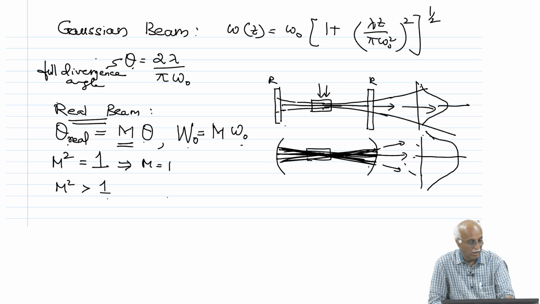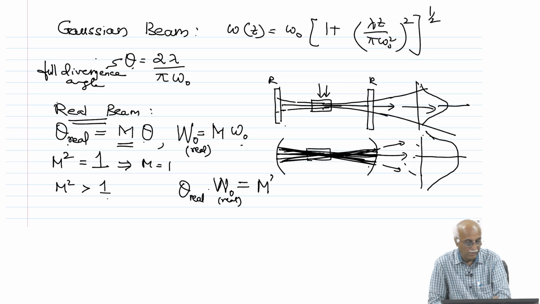This M square is based on theta real into w0 real, so w0 real times theta is equal to M square times theta ideal into w0, and what is theta? 2 lambda by pi w0. So it is M square times 2 lambda by pi.